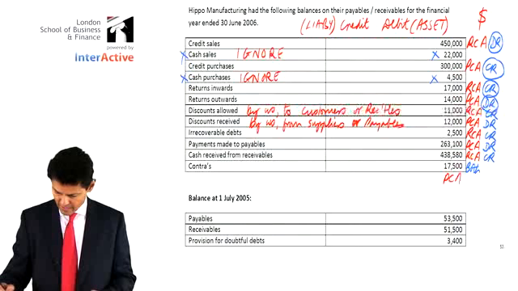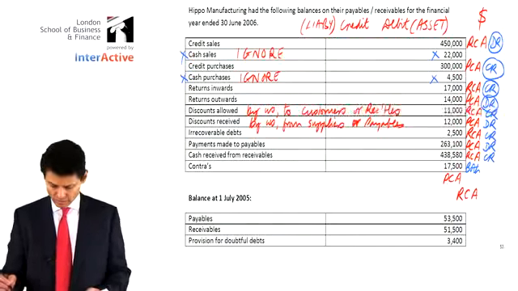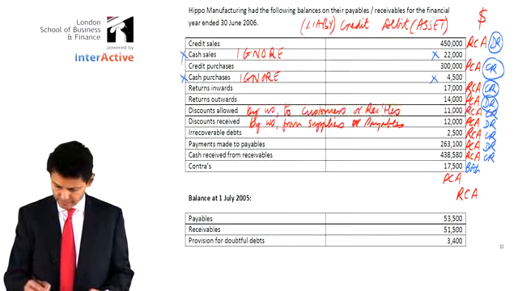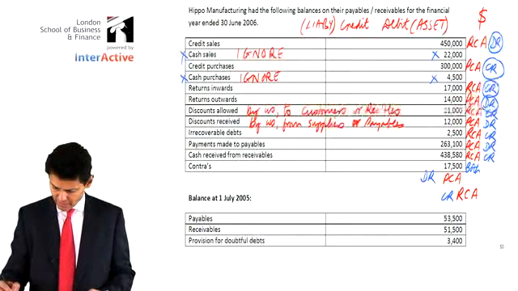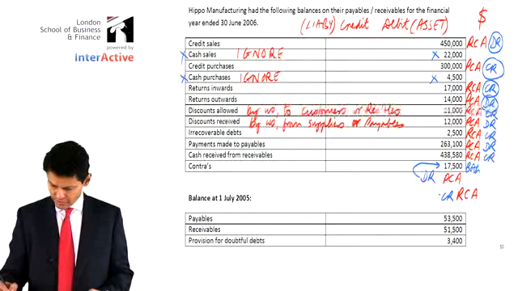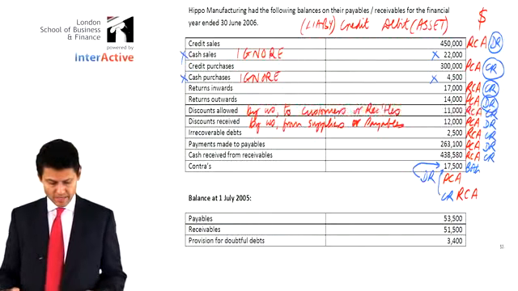So the payables control should be debited, and this one should be credited, and thereby you cancel. So both of those should be reflected at 17.5. That's what contra means.